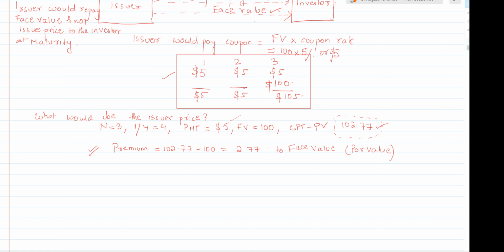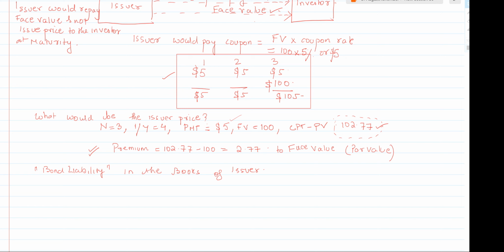Now, guys, what happens is that these bond proceeds, or this issue price that the issuer receives, will be booked as a bond liability in the books of the issuer, right?